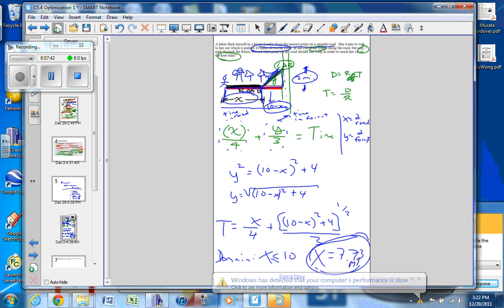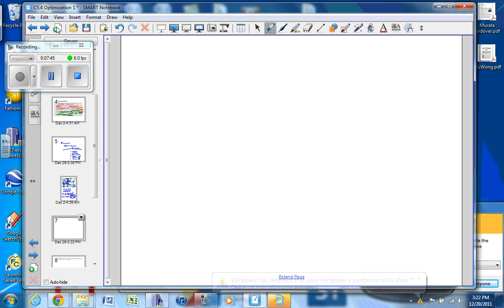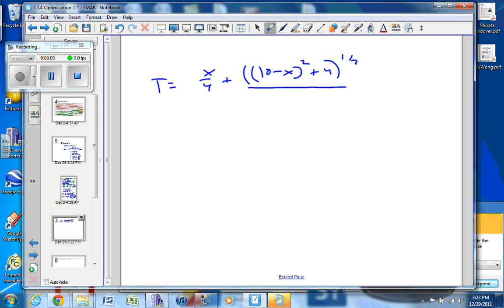Okay, so let's add another page, and let's think about what my time equation is. My time equation was x over 4 plus the square root of ((10 minus x) squared plus 4) over 3.